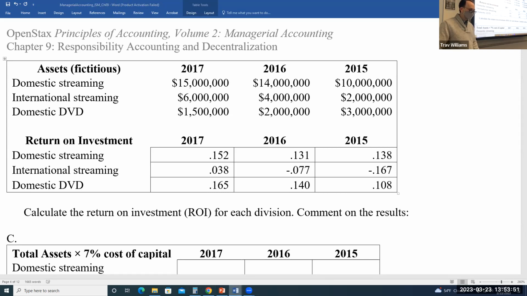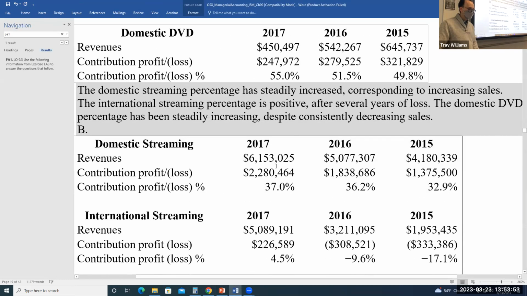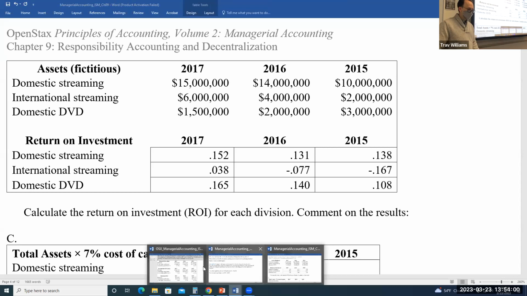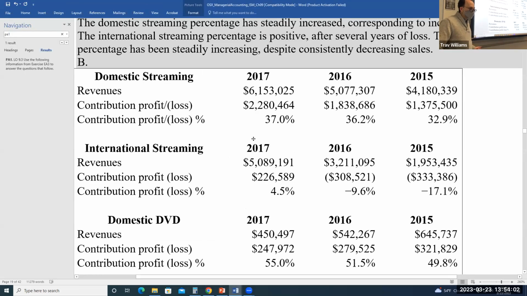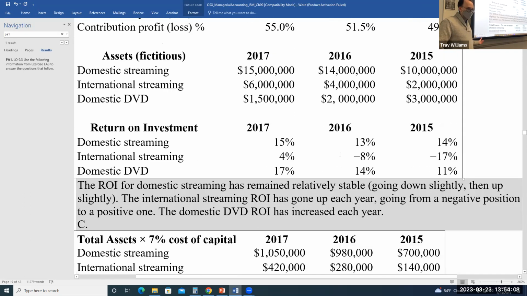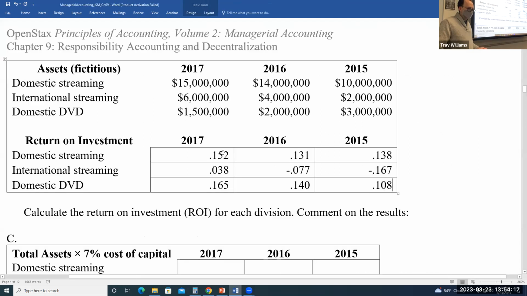Okay, let's check those numbers. Wait, doesn't look right. Oh, good. Okay. Oh, we're rounding off to the closest percentage. Okay. 15, 13, 14. Sorry about that.